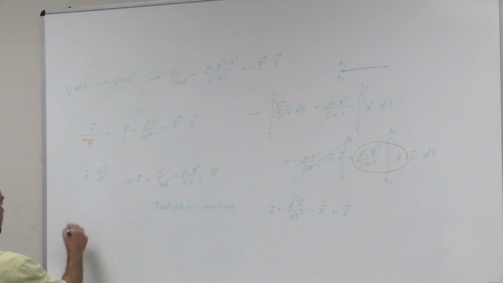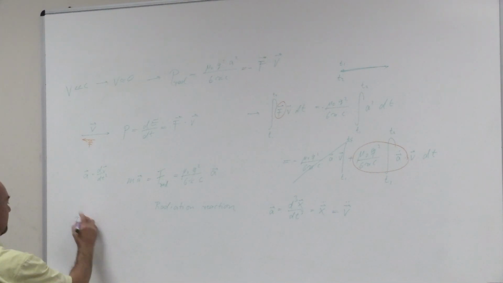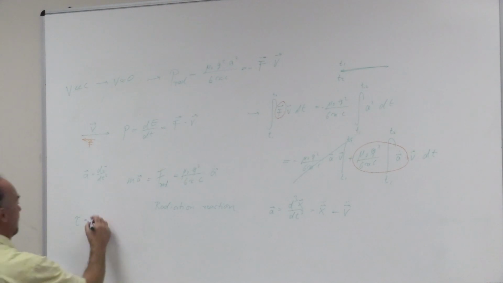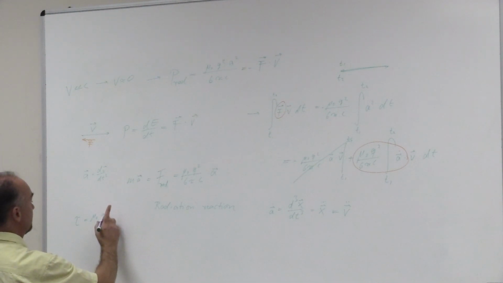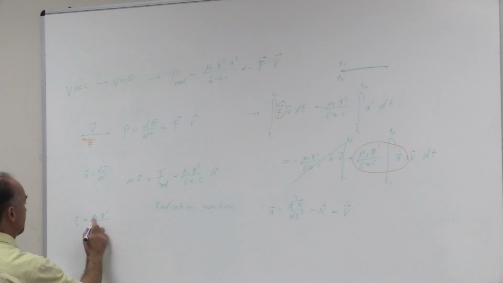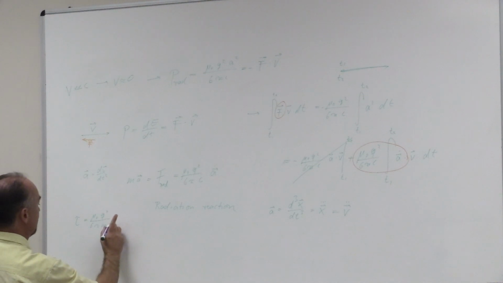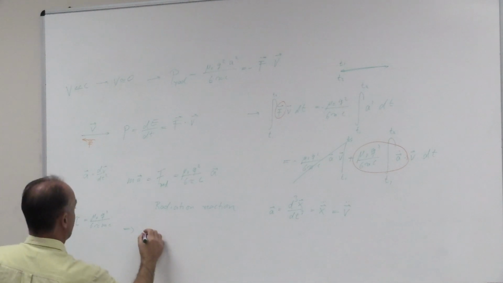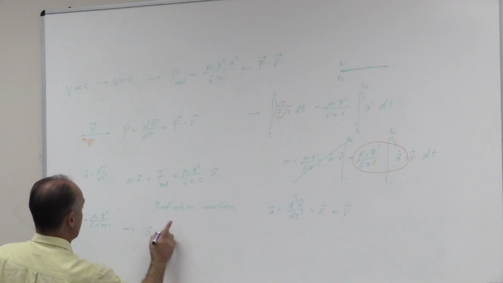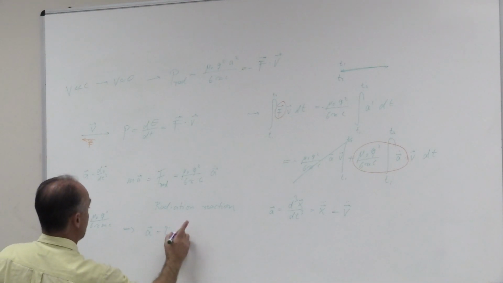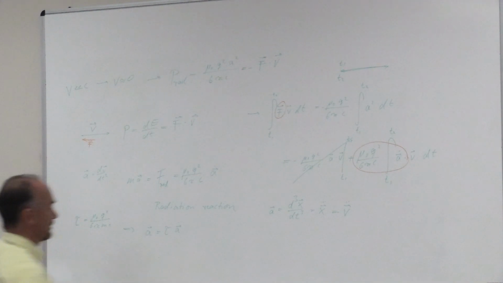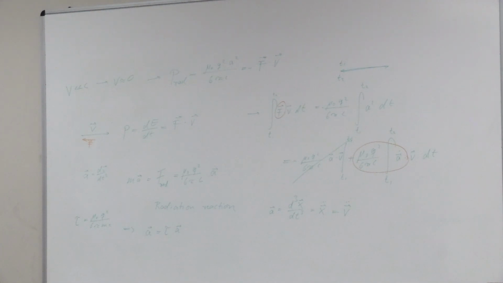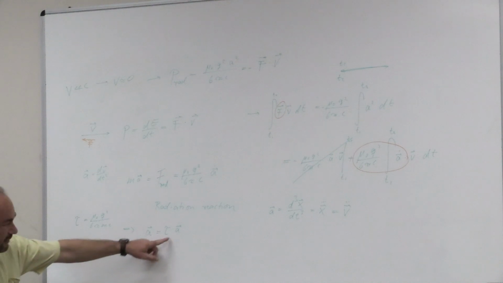So if we now write, say, some tau as mu naught q squared over 6 pi c, then we can write this here as a equals tau times a dot, right? What kind of equation is that? What kind of solution would you get?